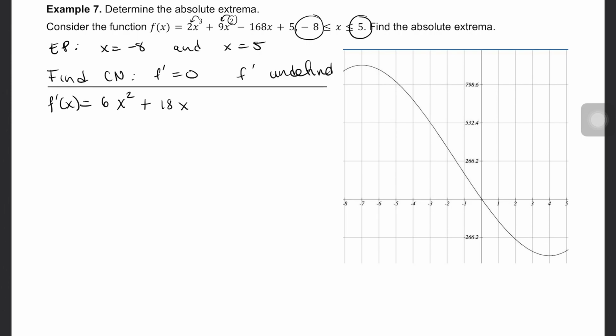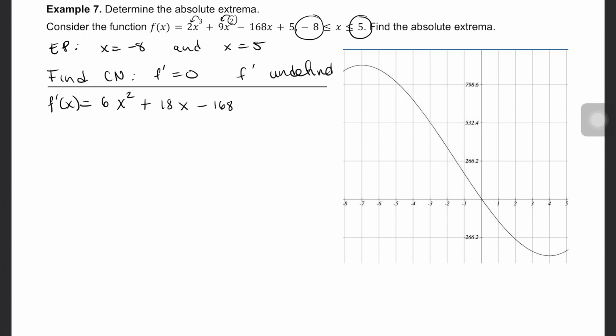That gives us 2 minus 1 is 1, but we're not going to write it down. And then minus 168 times x, which is just going to be 168. Remember, we just dropped the x. And the derivative of plus 5, well, that's a constant term, and the derivative of a constant term is 0, so we're not going to write it out. So there you go. We found the derivative.